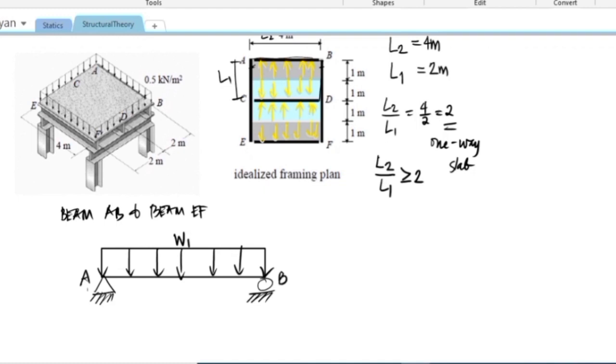Okay, so paano natin malalaman yung magnitude ng distributed load? Makikita natin dito, given yung loading natin that this is 0.5 kilonewton per square meter, or this is equal to 0.5 kilopascal.